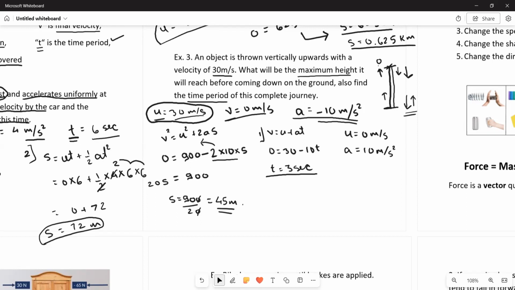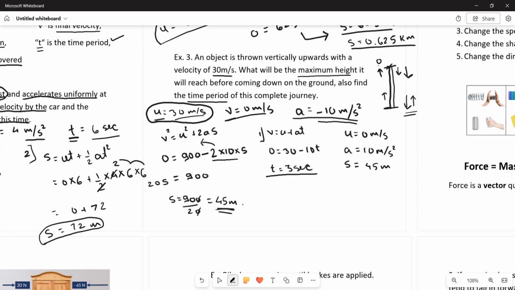Now in this case it will not be negative, as the motion is with the pull of gravity and not against it. And our height s is equals to 45 meters.